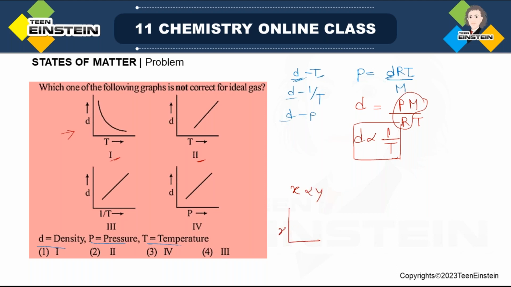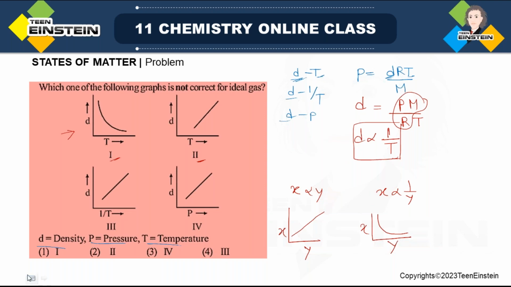In that case, when you have x versus y, it will be like this. But if I am saying that x is inversely related to y, then when you draw the curve, it will have this type of nature. So if that is the case, 1 is correct, 2 is not correct, and it is single choice. So we have reached the correct option, which is option 2.